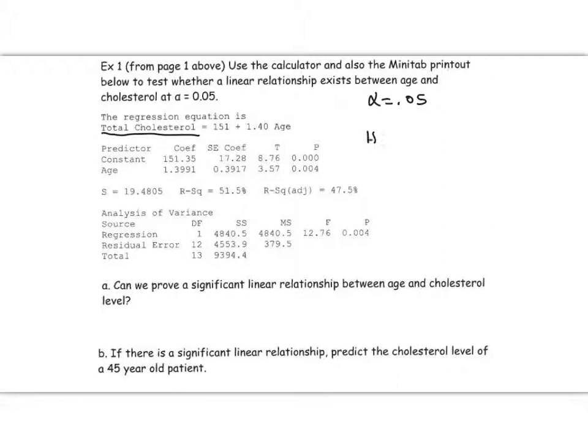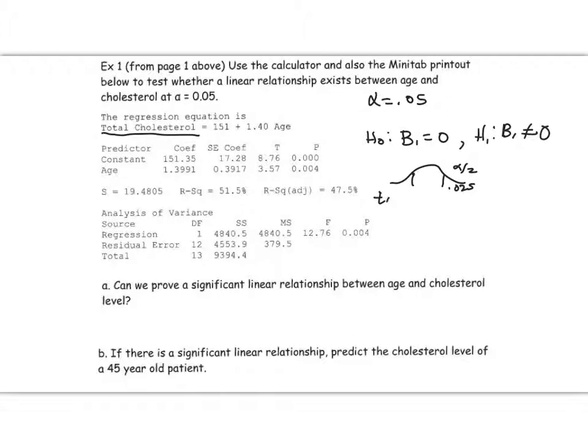So our null hypothesis is that B1 equals 0, and let's set our alternate hypothesis to B1 does not equal 0. That means that we have a two-tailed test, and that we're going to need alpha over 2, which will be 0.025.